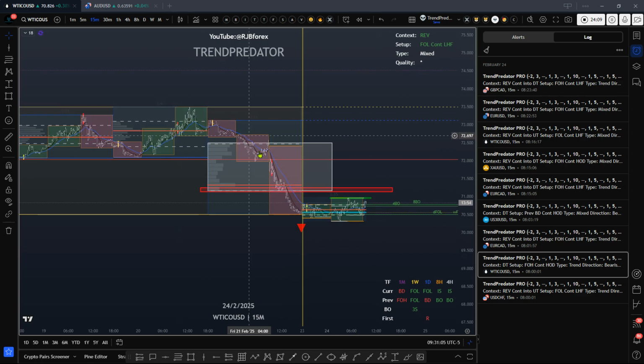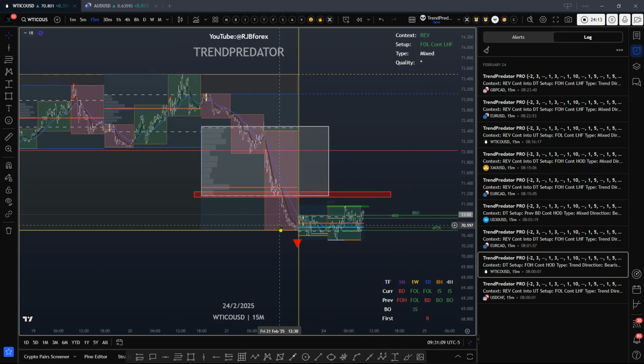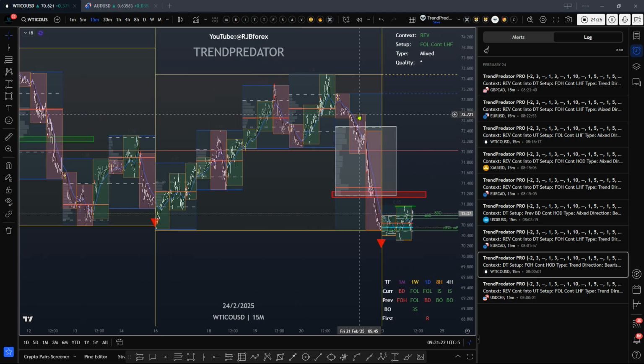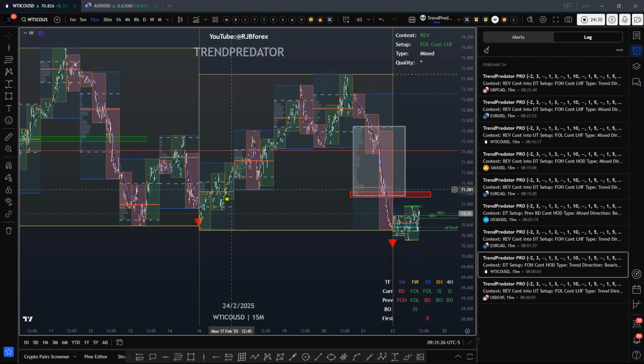But what's the other side of that? The other side could be if we break back below the lows from Friday, then we'll have a breakdown condition on the daily chart. Also, if you note, Friday was a first red day. We had a series of bullish days and then this red day.